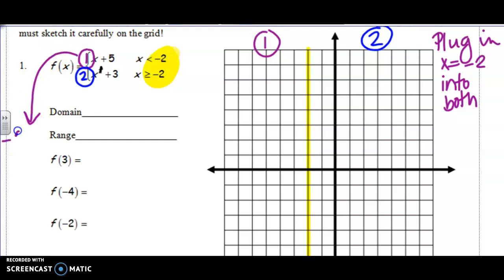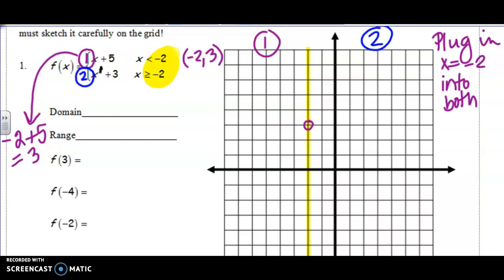If I plug -2 into this equation, I get f of -2. That's going to give me the value of 3. So I have an ordered pair, -2, 3. And I can go plot that, and it's going to be right on the boundary line. 1, 2, 3. And this dot is going to be open, because this one right here says that it's open.